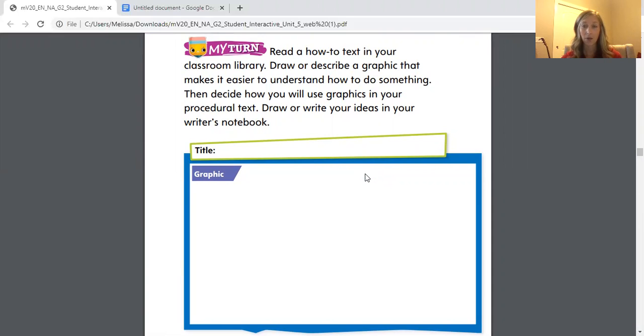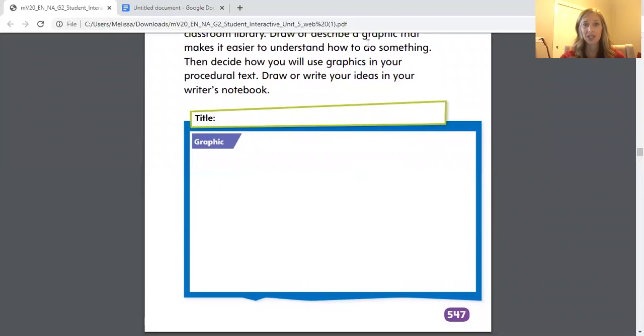Instead of doing that, I want you to go back to your plan from last week, and I want you to think about what graphic I might include. So whatever topic you chose to start planning your how-to about, create a graphic to go with it, some sort of picture to describe at least one of the steps. And if it were me, I'd include some labels. That's all you guys have to do today. We're ending on page 547.